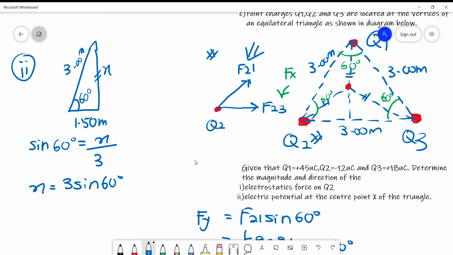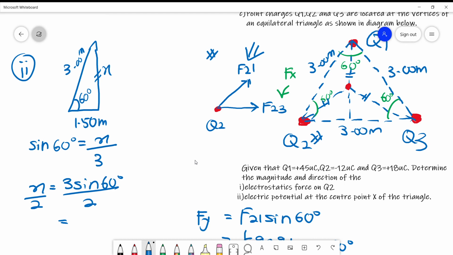So let me just think, is it at the center? Let me just try it out. So the distance is actually 2. So what I get is the distance from the center of the triangle to its charges.